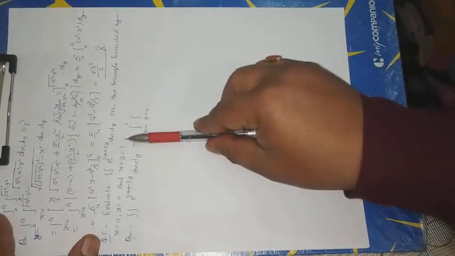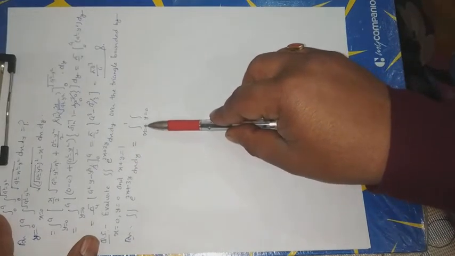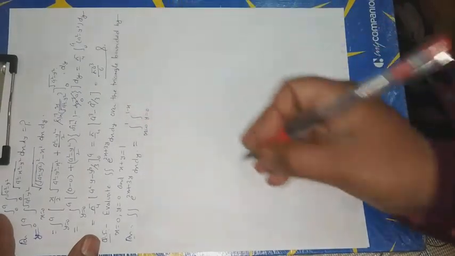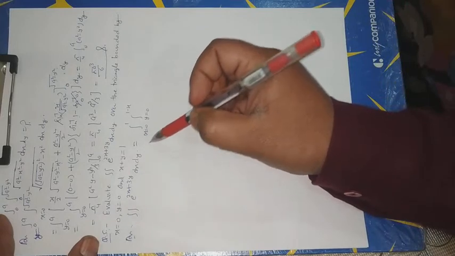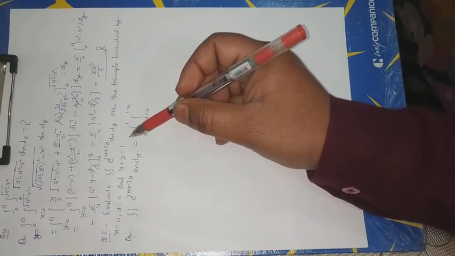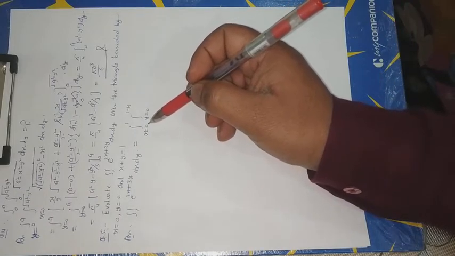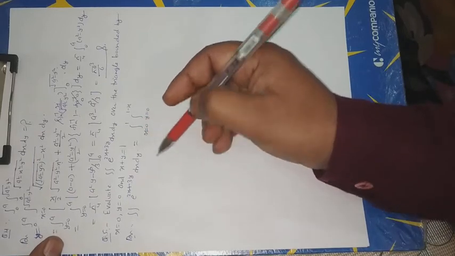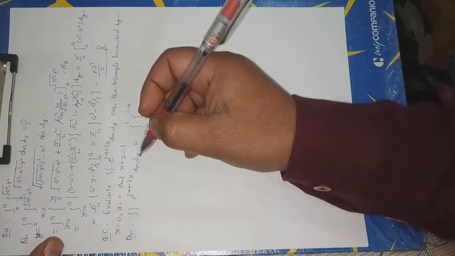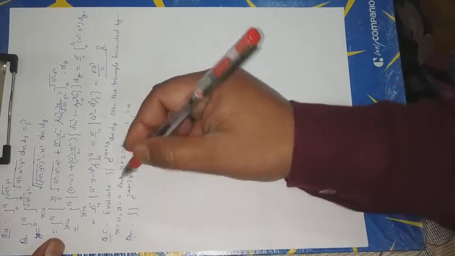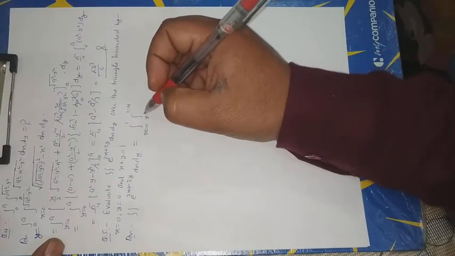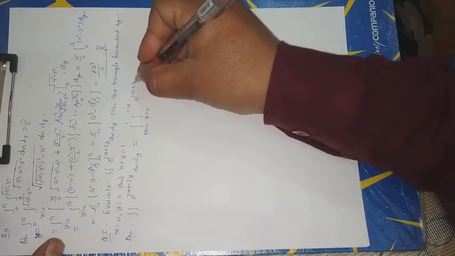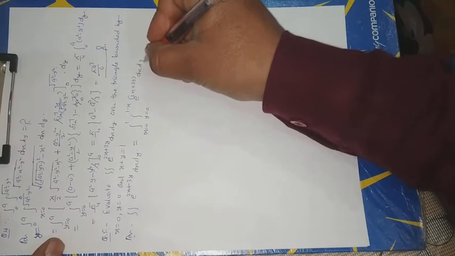The upper limit of x is 1, but the upper limit of y is 1 minus x, from x plus y equal to 1. Since the limit of y is in terms of x, y is equal to 1 minus x.